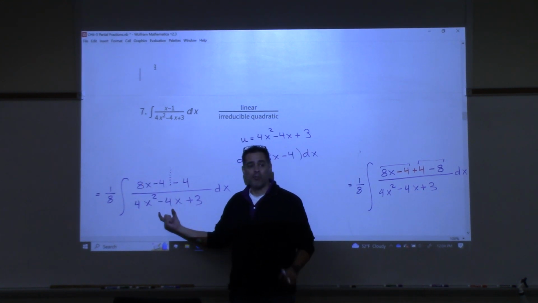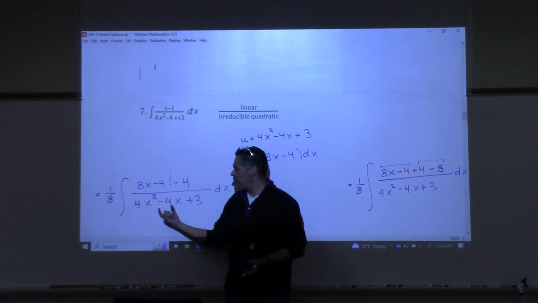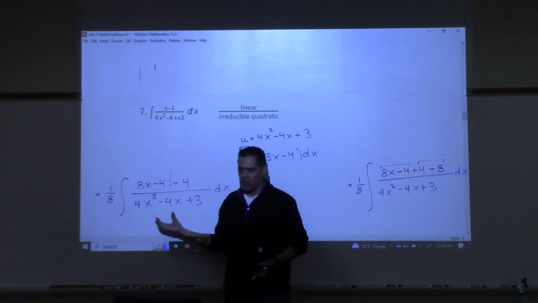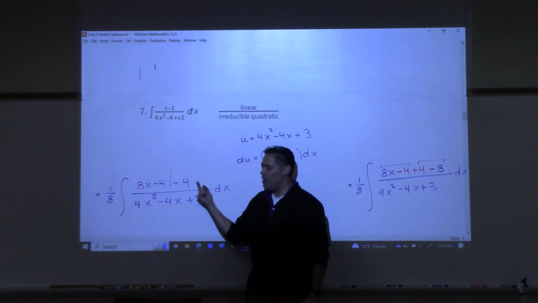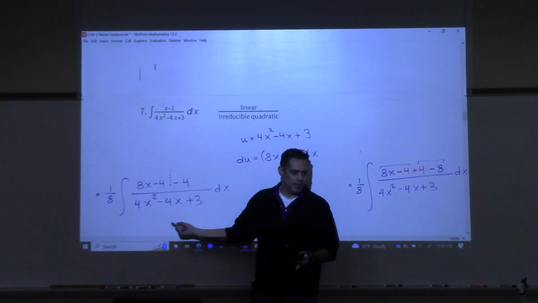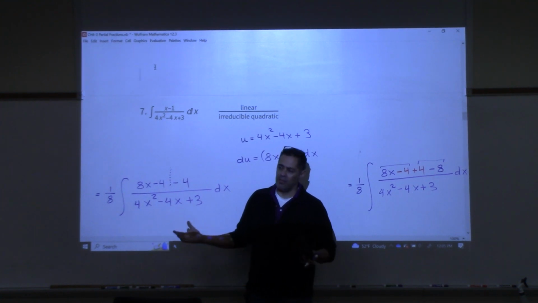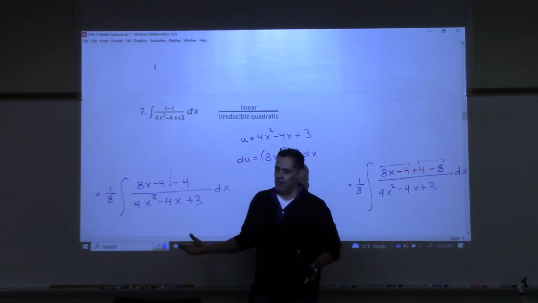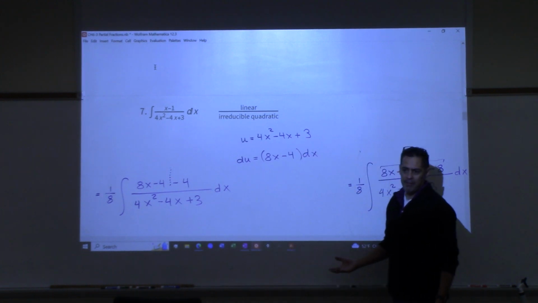This over that would be a basic u substitution. By design, I've designed it that way, right? Take the bottom, take its derivative, that's the top. You've got 1 over u du, it's going to be beautiful. This one is a constant over an irreducible, and we will have to complete the square. There's no way around it, okay? But it's now doable, right?